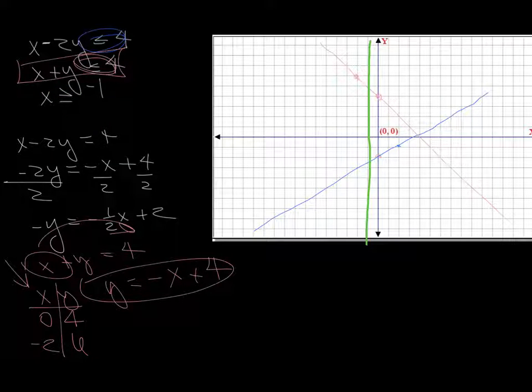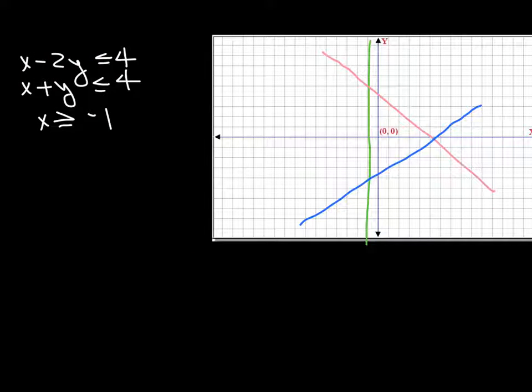So, alright, I erased everything, and these are our 3 originals. And here's the graph of all 3 of these. The green is the bottom one, the red one is this one, and the top one is the blue one. Alright, so that's the graph.